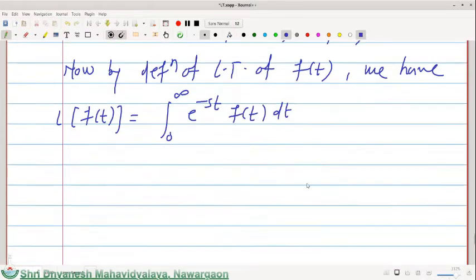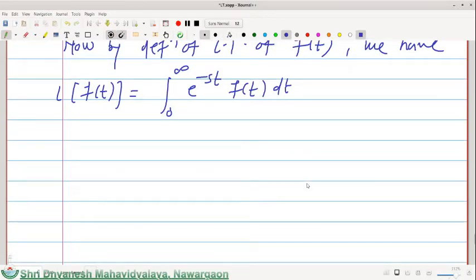Since T is greater than 0, as t lies between 0 and infinity, we can divide this integration into two integrations, 0 to T and then T to infinity.